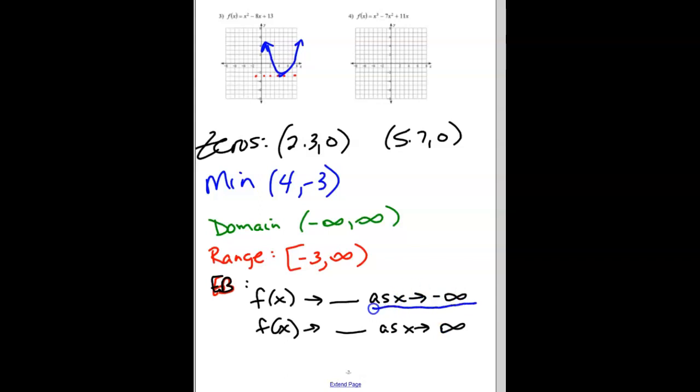As x goes to -infinity is just a very fancy way of saying the left side. So on the left side of your graph, it's going up, which means you write infinity. And then as x goes to +infinity, that's a very fancy way of saying the right side. So on the right side of your graph, it's also going up. So we say +infinity. So the only thing you write here for end behavior is just a fancy notation for either up or down, because our polynomials are going to go either up or down on either end.